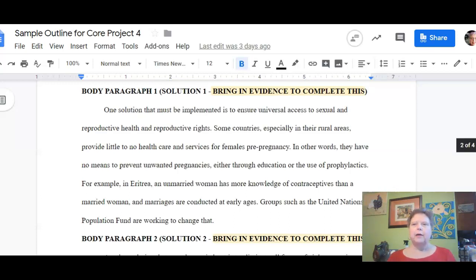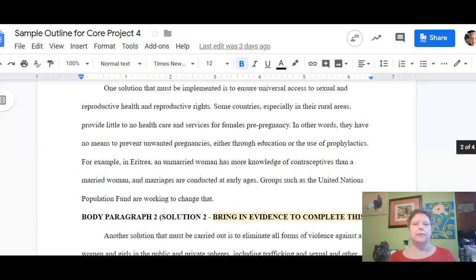So we'll start with a topic sentence, which will be the solution. So we want to use a transition: one solution that must be implemented to ensure universal access to sexual and reproductive health and reproductive rights. And so some countries, especially in their rural areas, provide little to no health care and services for females pre-pregnancy.